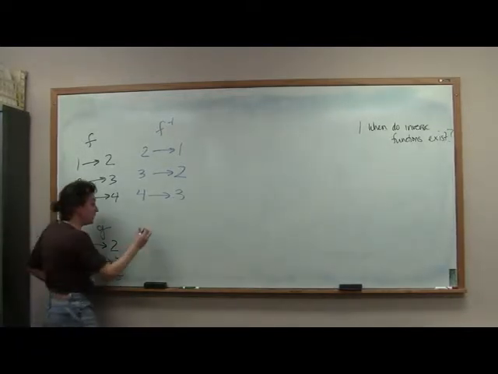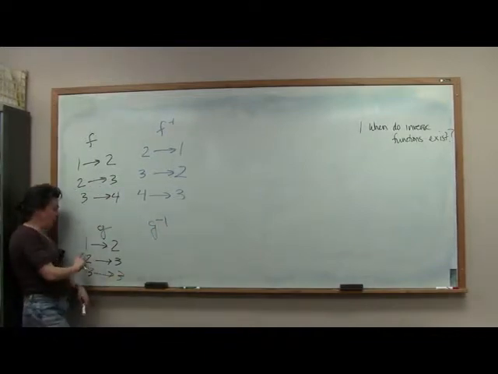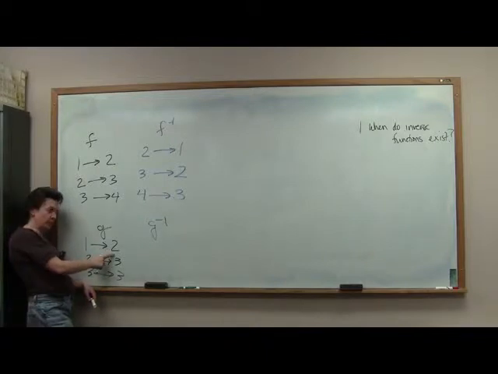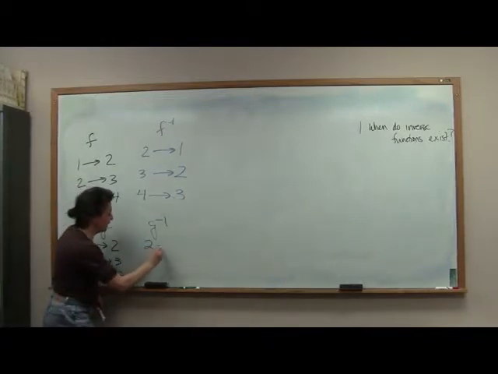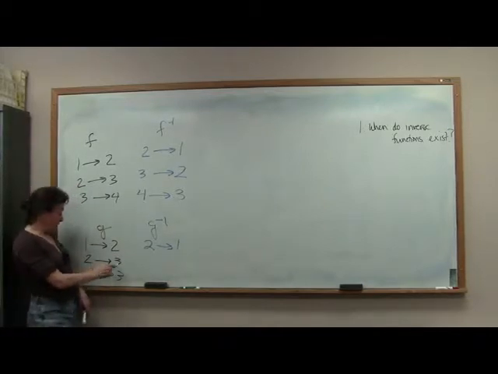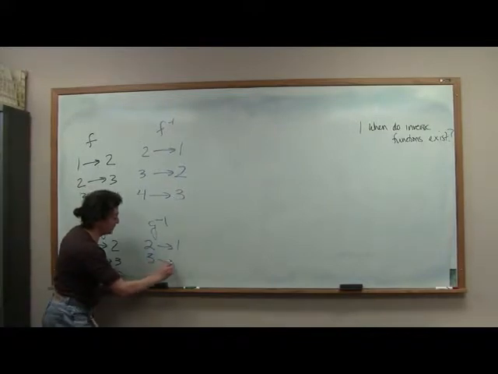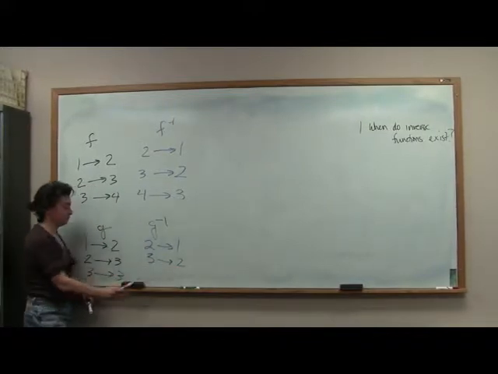Okay, now let's look at g. Well, what happens here? If my function g takes 1 to 2, won't g inverse take 2 back to 1? If my function takes 2 to 3, won't my inverse take 3 back to 2?